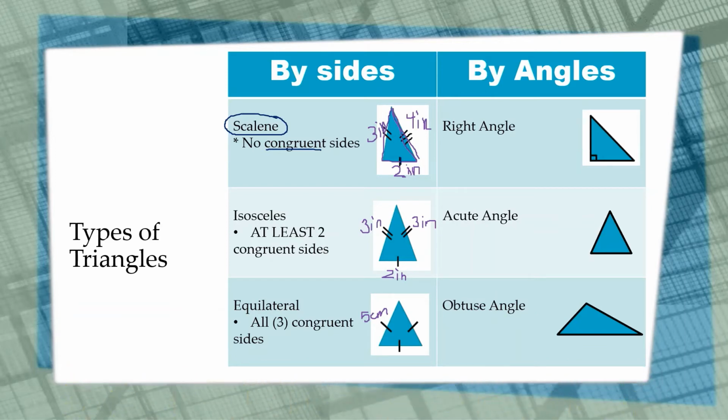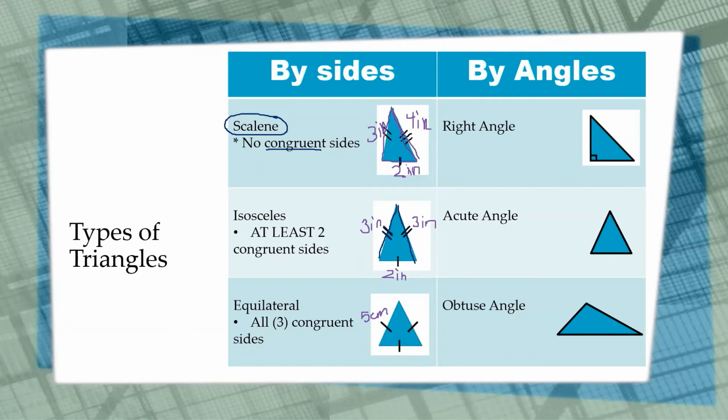Now I'm going to look at my second triangle. My second triangle has 2 sides that are the same lengths. And again, those 2 sides are both 3 inches. Notice they also gave us the ticks to show us that there are 2 of them that are exactly the same amount of ticks.